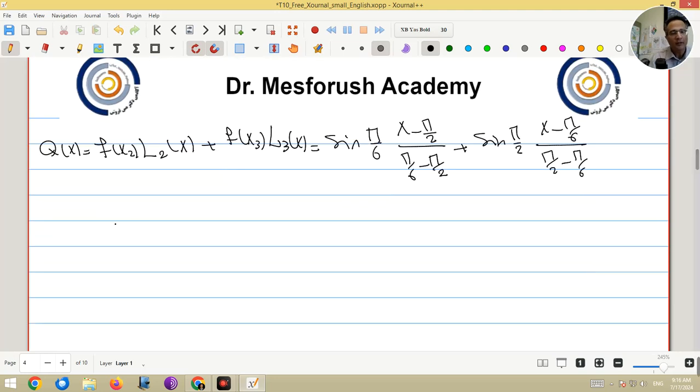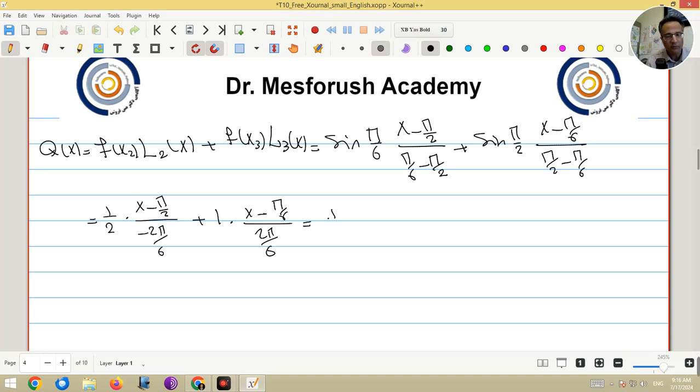Okay, now let me continue the computation. Sine of π over 6 is a half, times (x minus π over 2) over (minus 2π over 6), plus 1 times (x minus π over 6) over (2π over 6).